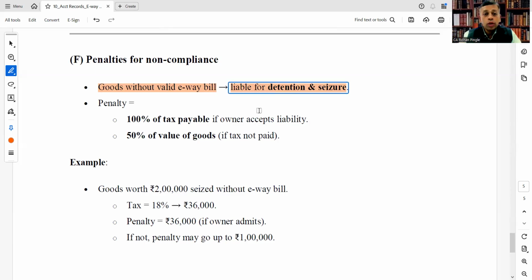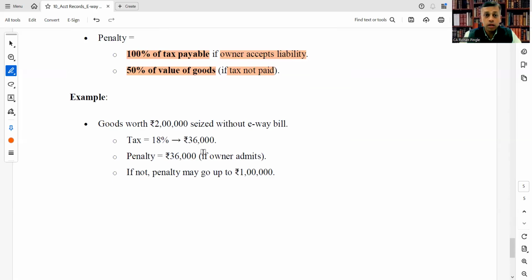The penalty will be levied at 100% of the tax payable if the owner accepts the liability, and 50% of the value of the goods if tax is not paid.